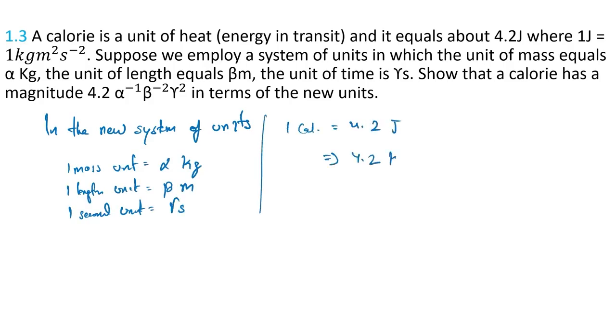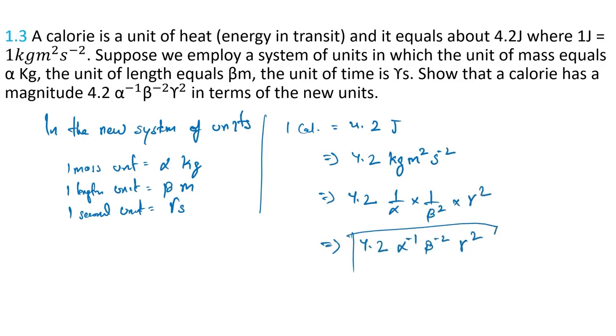So 1 calorie in SI units stands for 4.2 kilogram meter square per second square. So here we know that 1 kilogram in the new system would be equal to 1 mass unit in the new system divided by alpha kg.